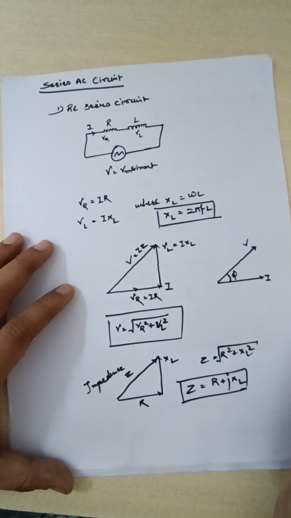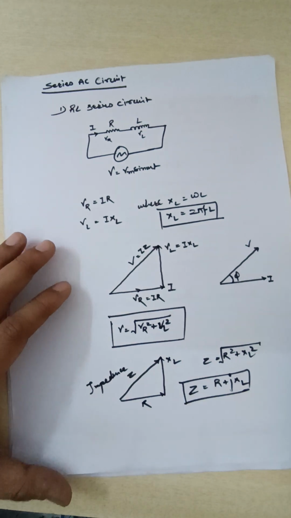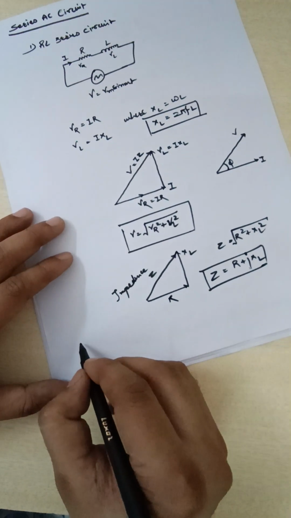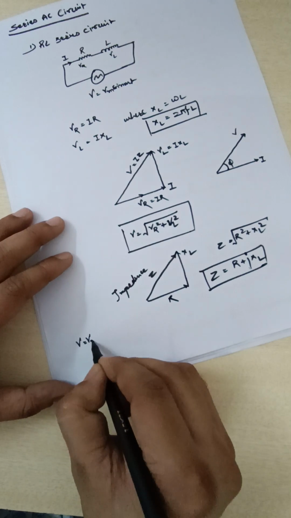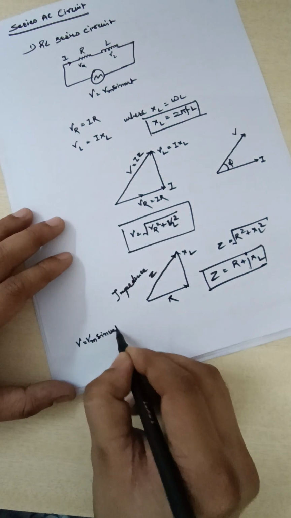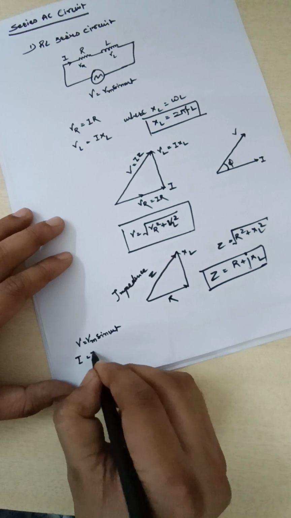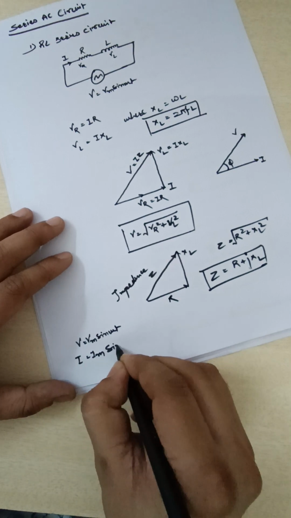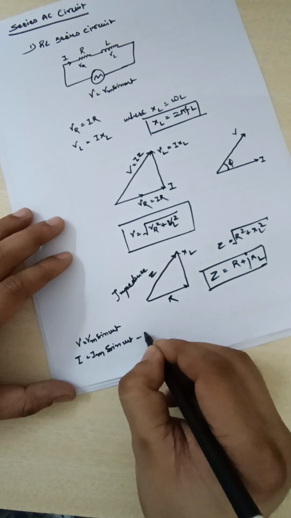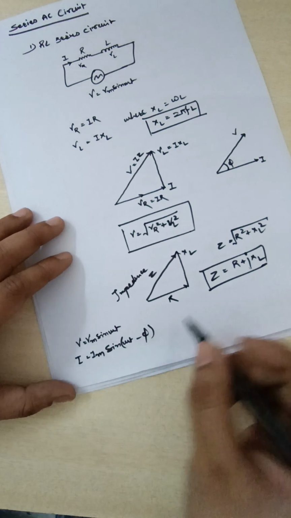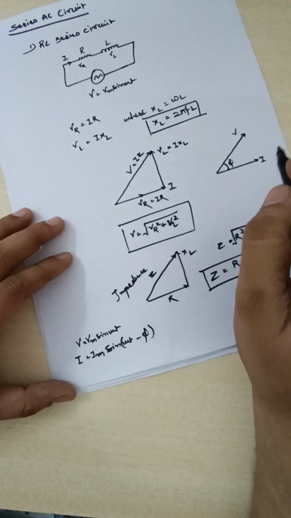But it is a combination of R and L, therefore voltage is leading the current by some angle phi. So we can write V equal to Vm sine omega t as it is given, and I will be equal to Im sine omega t minus phi, because current is lagging the voltage by some angle phi.